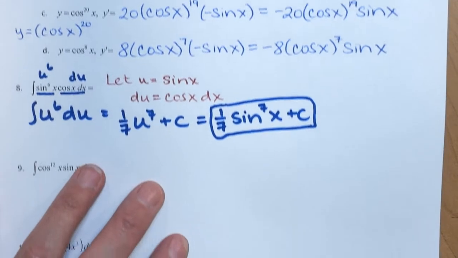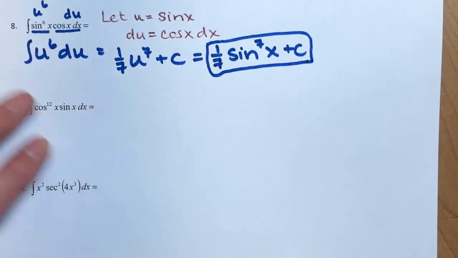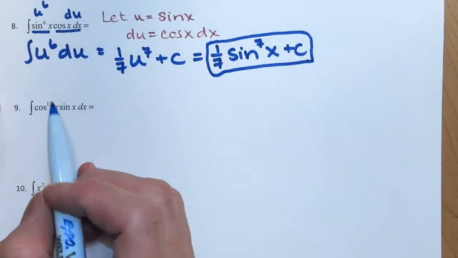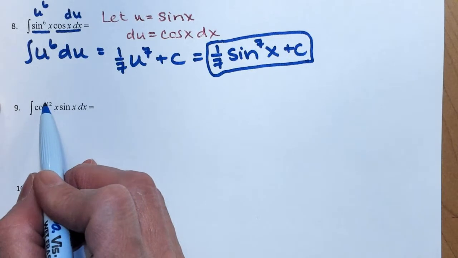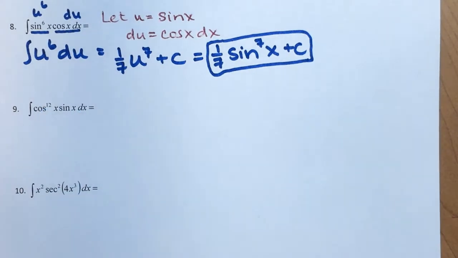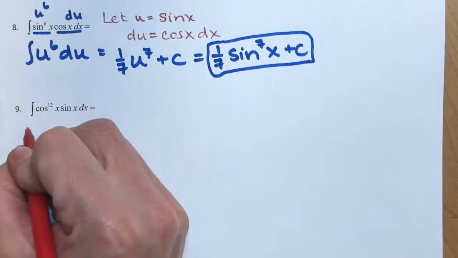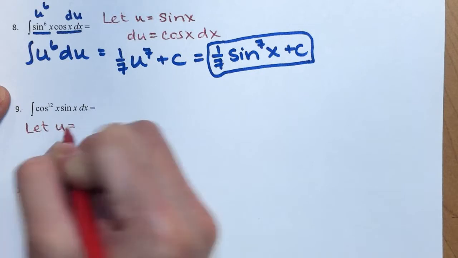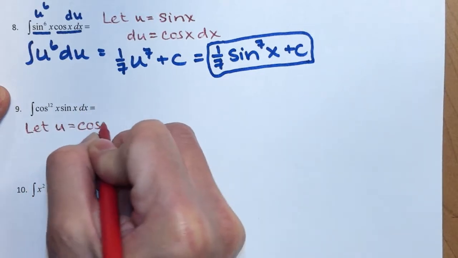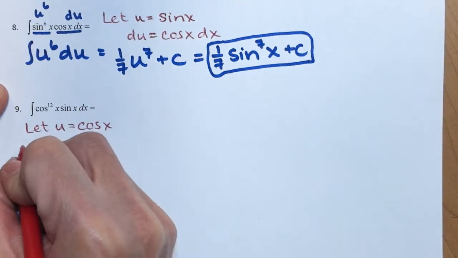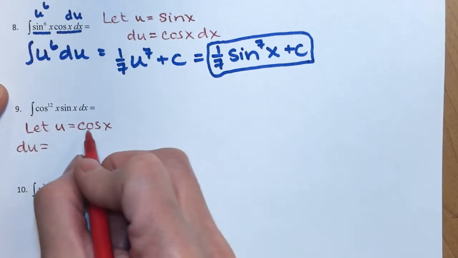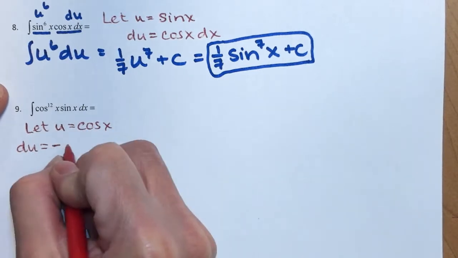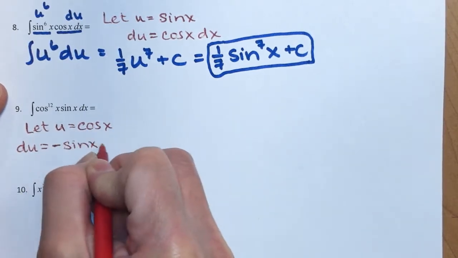All right, let's do another one. So here I have cosine x to the 12th and sine x. So now I'm going to say, let's let u be cosine x. Then du is, well, the derivative of cosine is negative sine x dx.